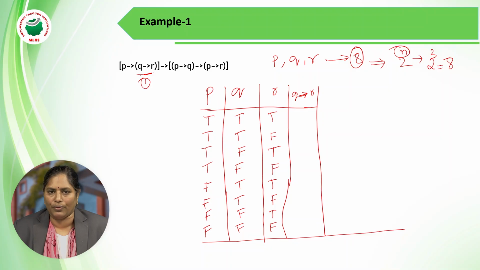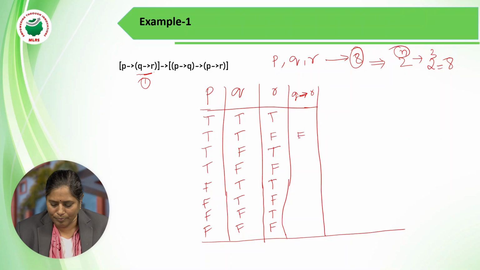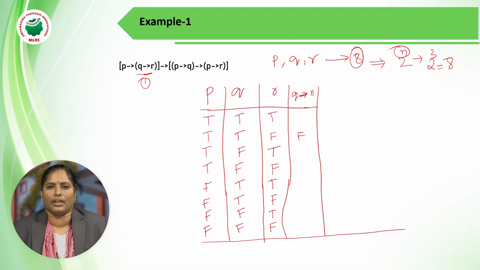First check the column of Q and the column of R. The second column is Q, the third column is R. So first I am checking the true-false condition. Q is true, R is false. So in the second condition Q is true, R is false, then Q implies R is false.